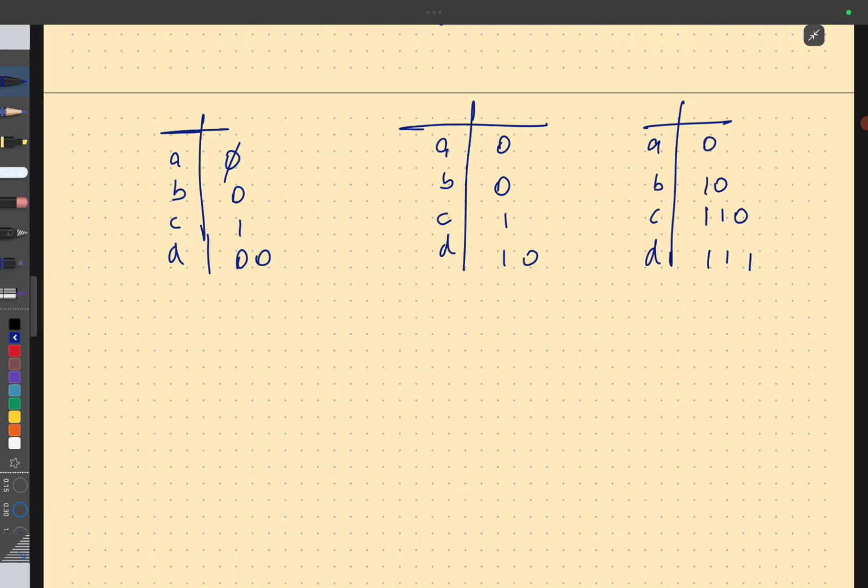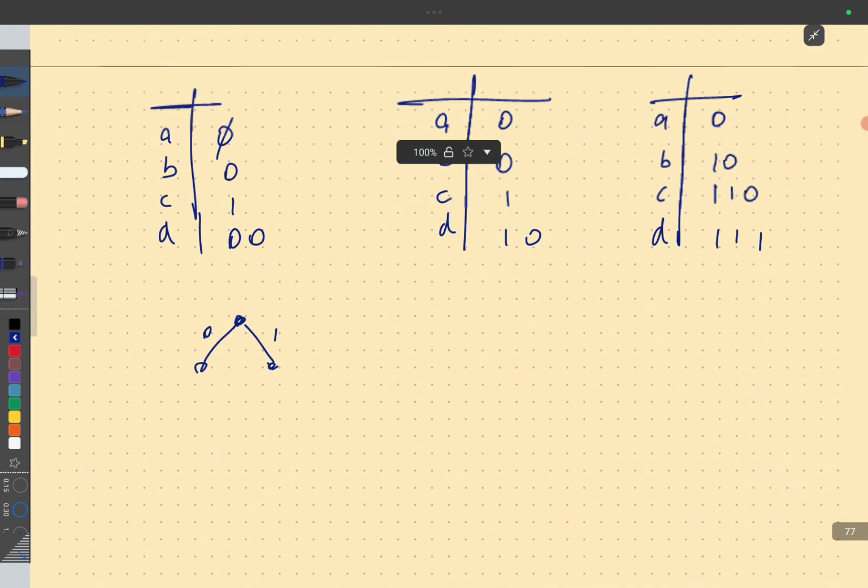Let's try to represent each of these using a binary tree. So first, let me draw a binary tree of depth. Okay. So in this case, 0, 1, 0, 0.